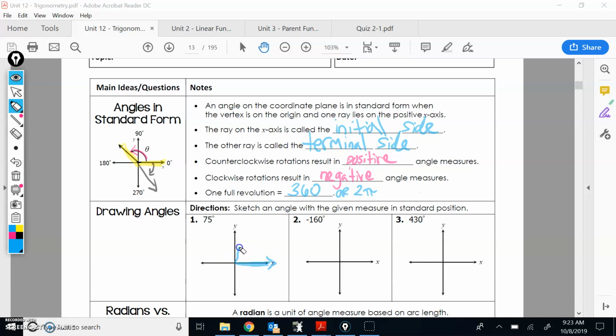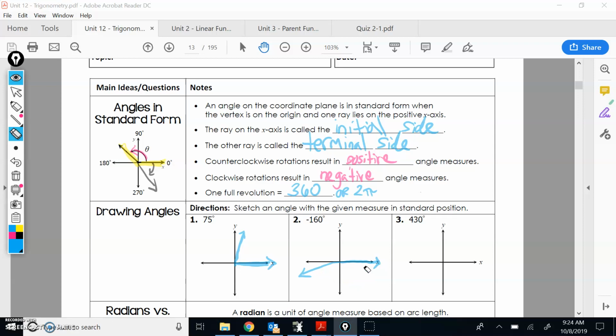It's a little less than 90, so we're going to estimate the terminal side right there. Negative 160 again starts right here, but since we're going negative, we go in the other direction. It's more than 90, a little less than 180. Each quadrant makes 90 degrees, so it's 90 and then 180. So 160 goes this way and ends right there.